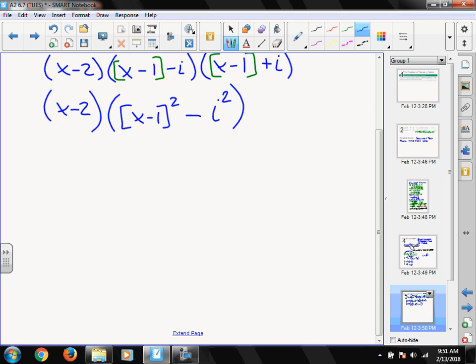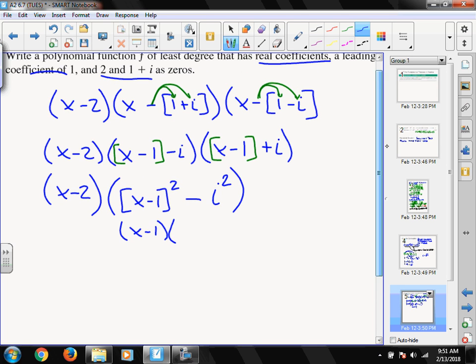So we need to square x minus 1. When I distributed this, I got an x minus 1 minus i, and I got an x minus 1 plus i.